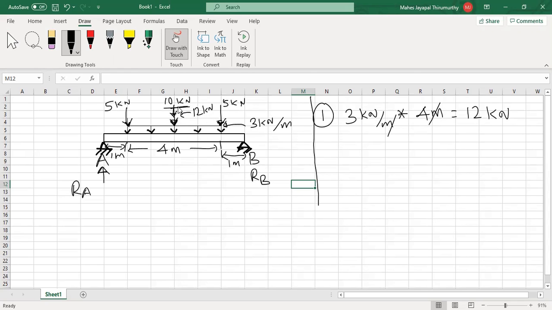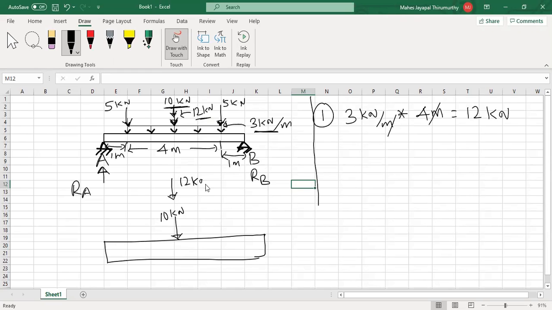Here the same point, additionally 12 kilonewton is also acting, along with the 10 kilonewton point load. Now we converted the distributed load and placed it here, so the beam now looks like this. In the middle there is a 10 kilonewton load, on top of it one more 12 kilonewton, and here is 5 kilonewton, and here also 5 kilonewton.